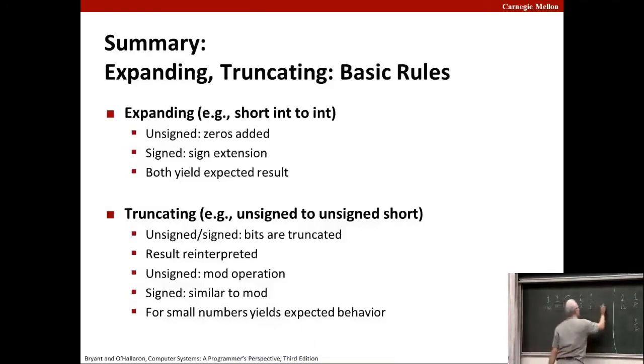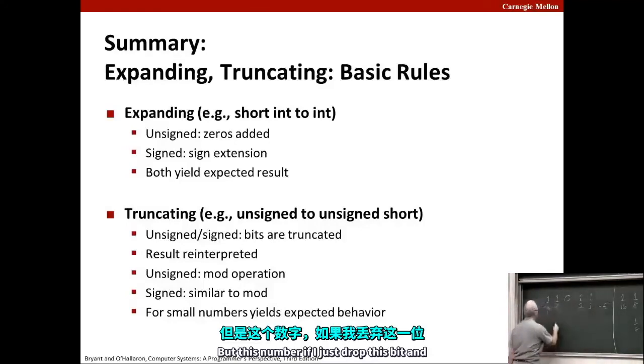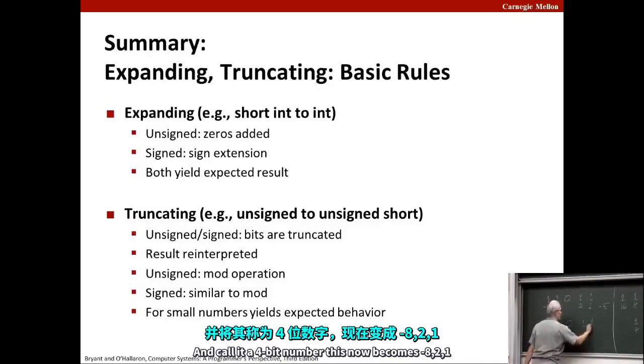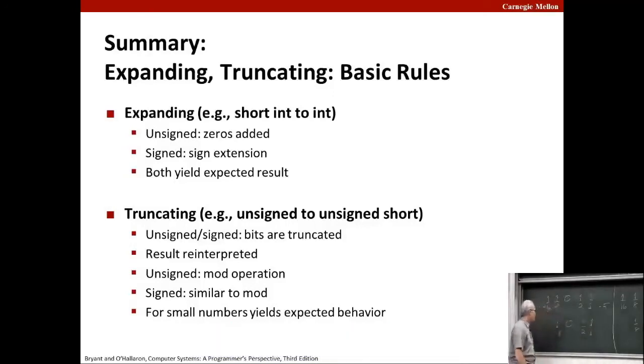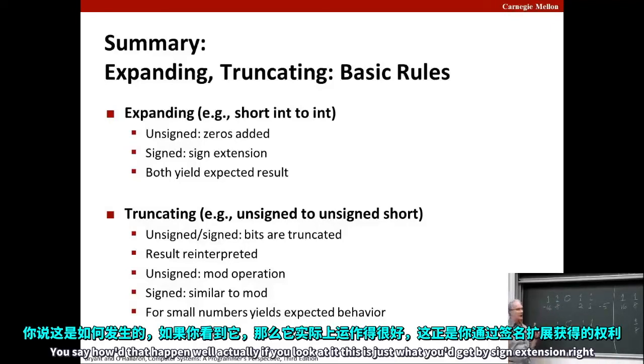But if I just drop this bit and call it a 4-bit number, this now becomes minus 8 plus 2 plus 1, which is minus 5. You say, how'd that happen? Well, if you look at it, this is just what you'd get by sign extension.